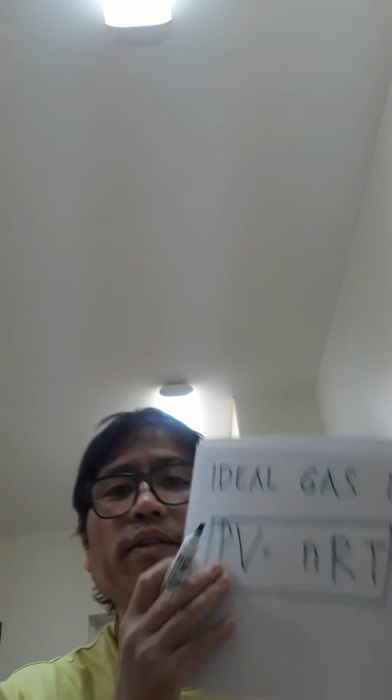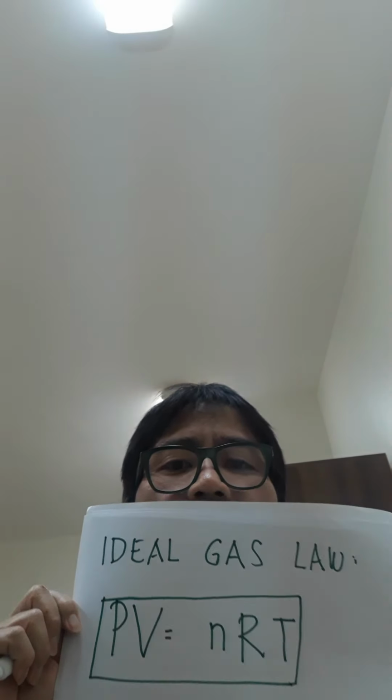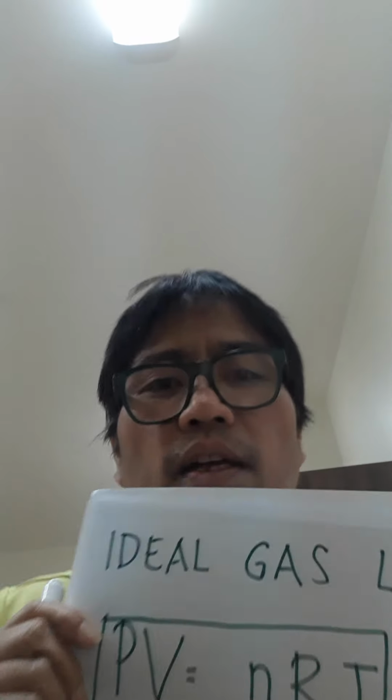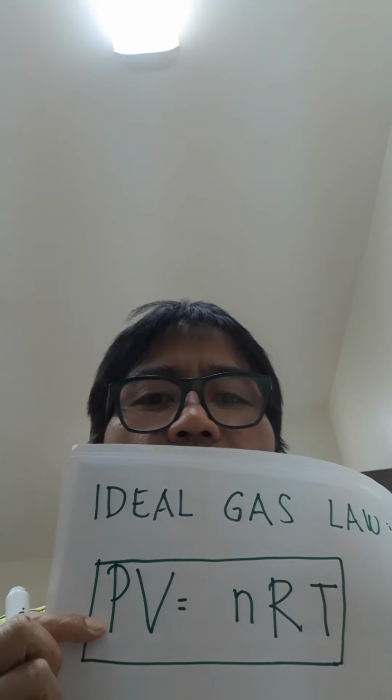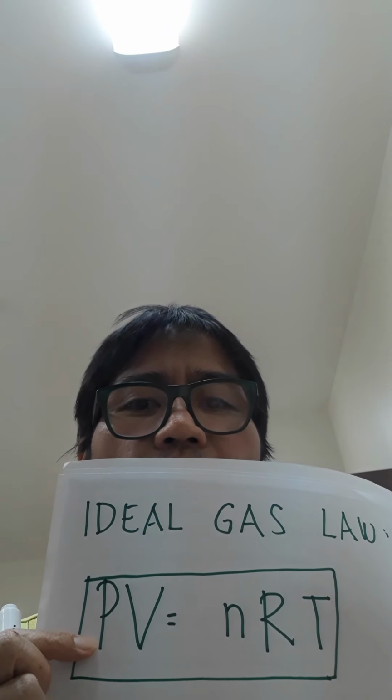This is the ideal gas law, PV = nRT. P is the pressure of the gas.